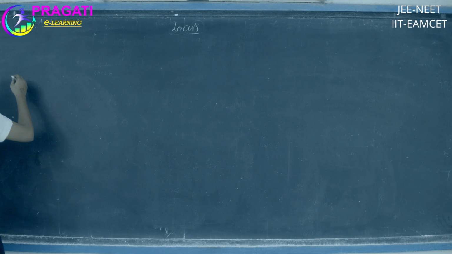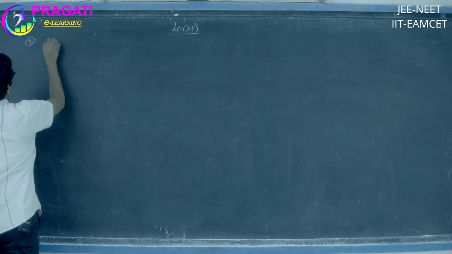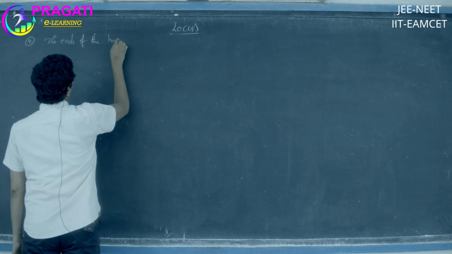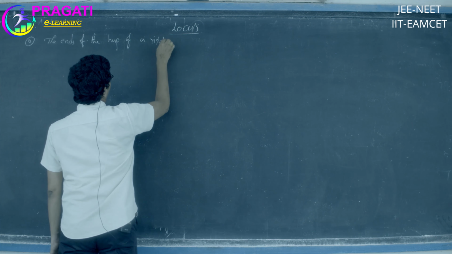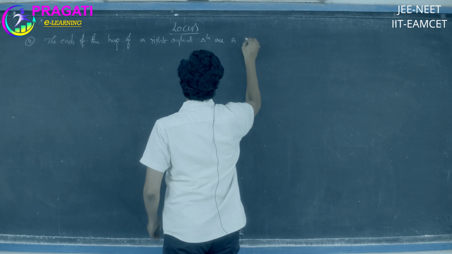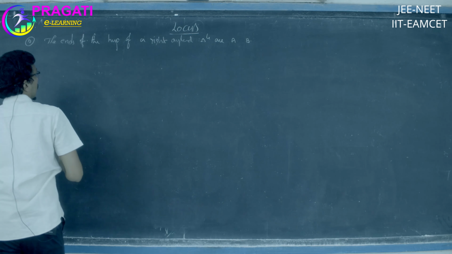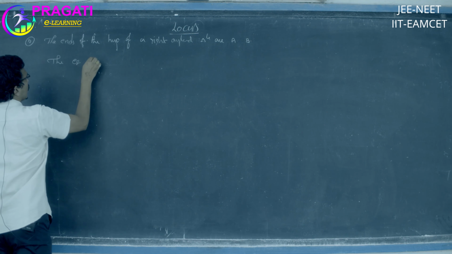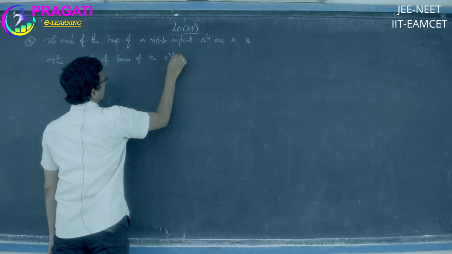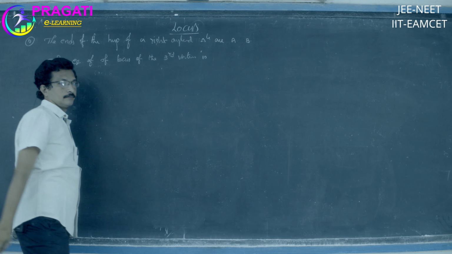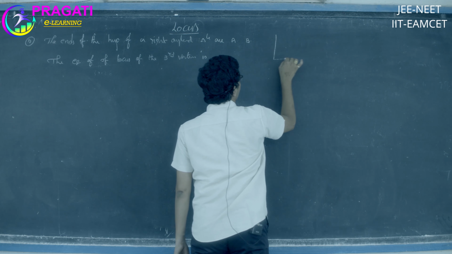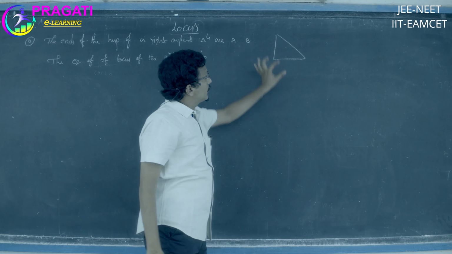And the next point is, the fifth point is, the ends of the hypotenuse of a right angle triangle are A, B, then the equation of the locus of the third vertex is, here we observe that suppose it is a right angle triangle and it is the hypotenuse.